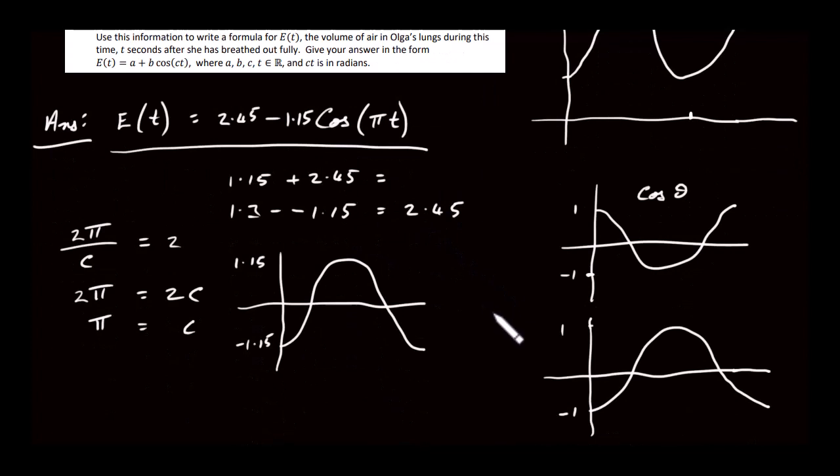So 1.15 plus 2.45, and that does give us 3.6. So that's correct. So this is our answer here. E of t is equal to 2.45 minus 1.15 cos pi t. And that's it for this question.